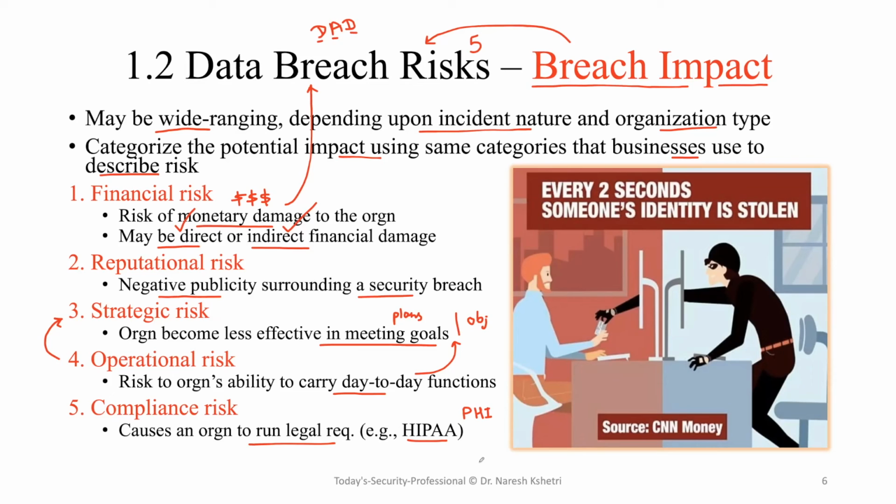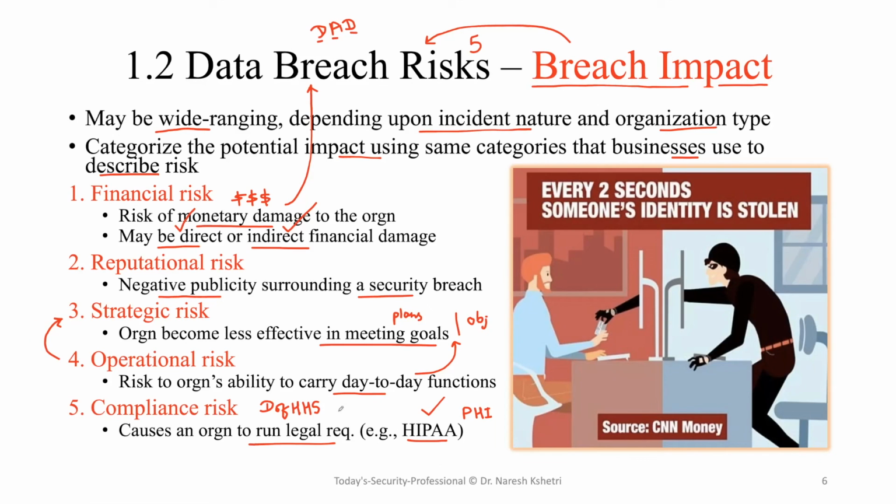If an organization loses patient medical records, they violate the HIPAA requirements and are subject to sanctions or fines from the US Department of Health, normally the Department of Health and Human Services. That is an example of compliance risk.